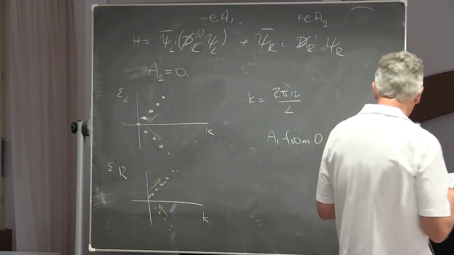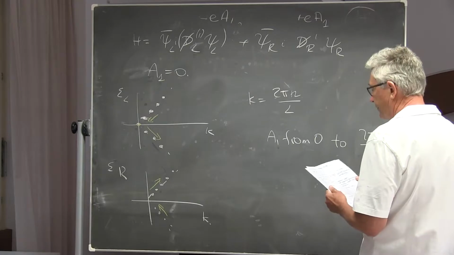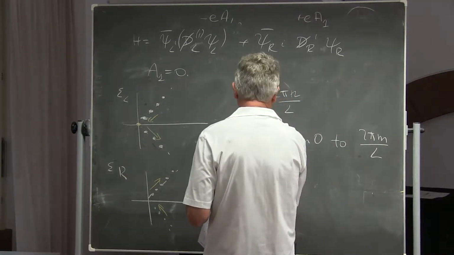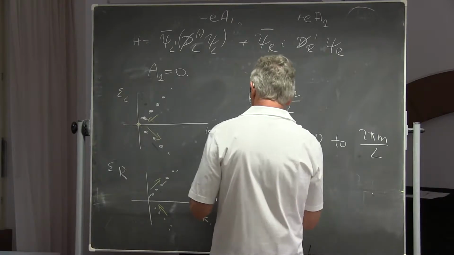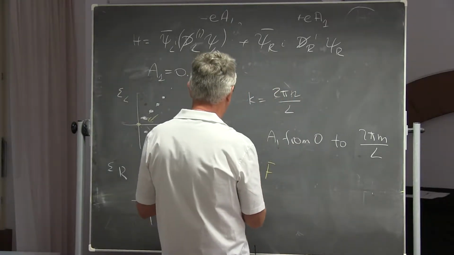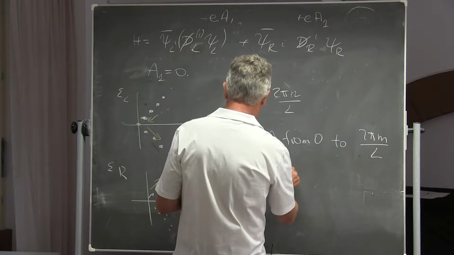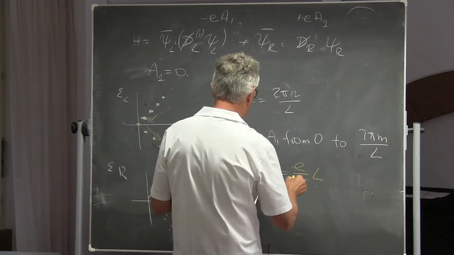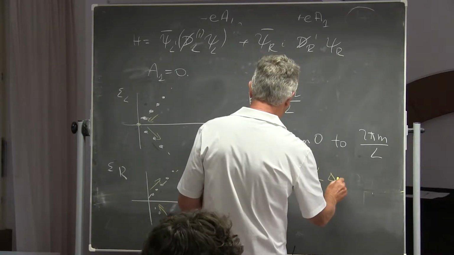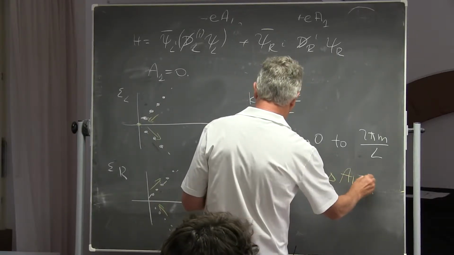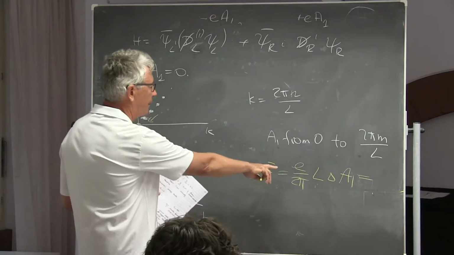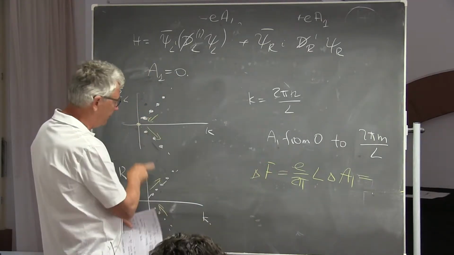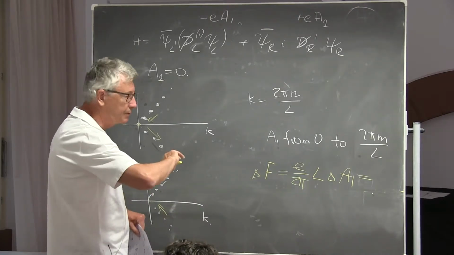And the change of the fermion number here will be equal to E over 2 pi times L, the change of A1, and this is going to happen for left particle and right particle, but in opposite direction.